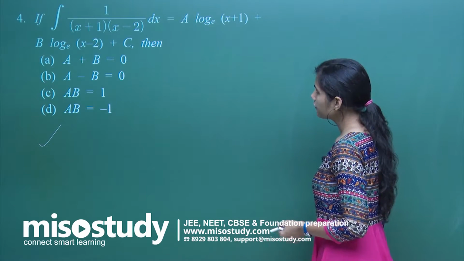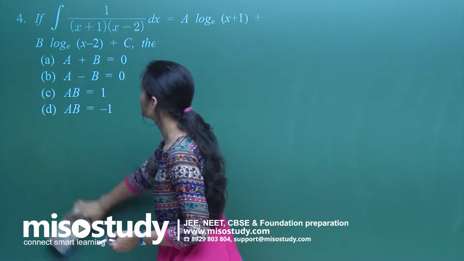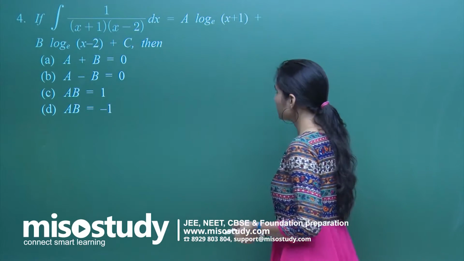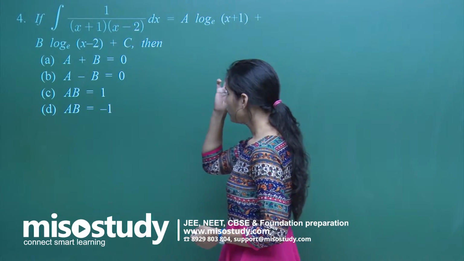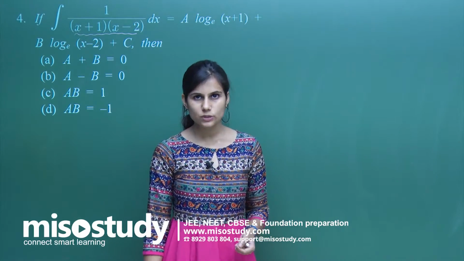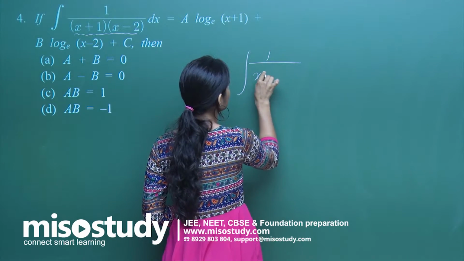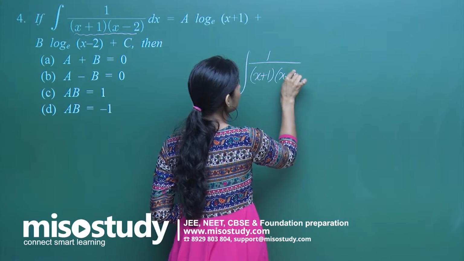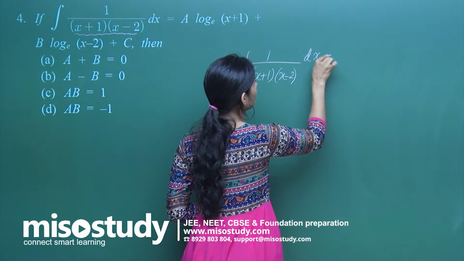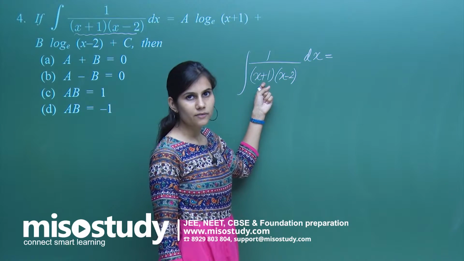Question is, if this is equal to a log x plus 1 plus b log x minus 2, then what is the relationship between a and b? Now you can see over here, integration by partial fractions is going to come into picture. It is very, very simple. Integral of 1 upon x plus 1 into x minus 2. If you put x equals minus 1, I have taught you already in my lectures how to get the values.